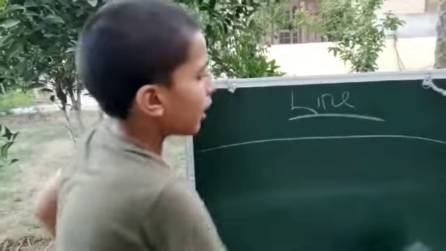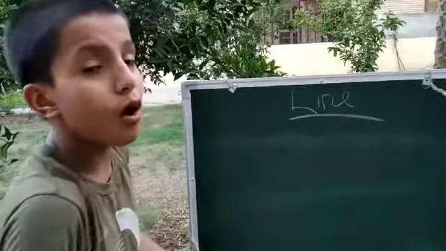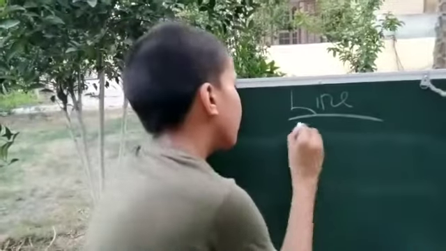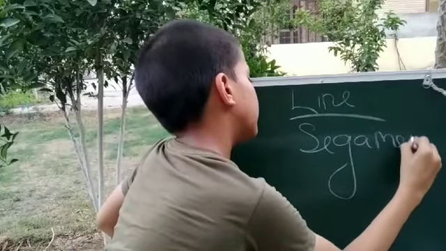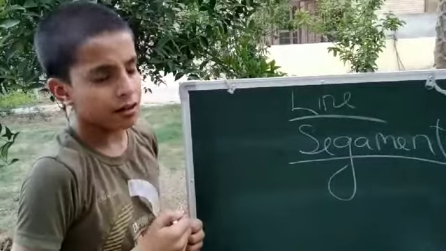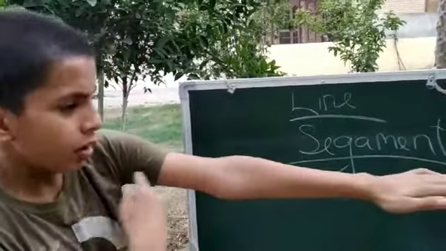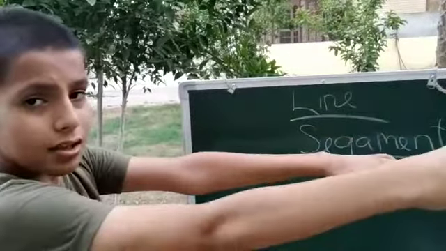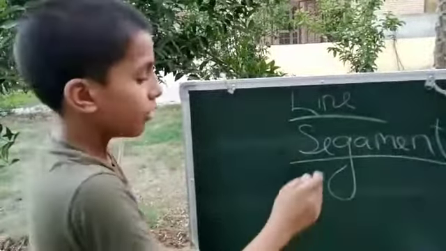But there is another thing that we see in our notebooks and books, which is a line segment. What is the meaning of line segment? It is exactly like a line, but it is not endless. There is an end to a line segment.